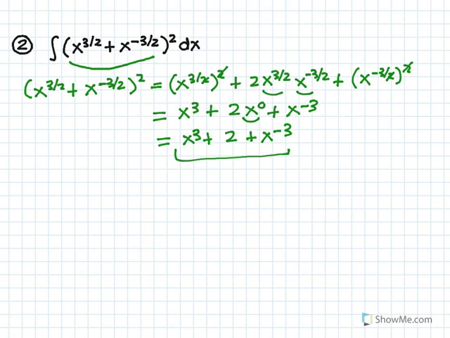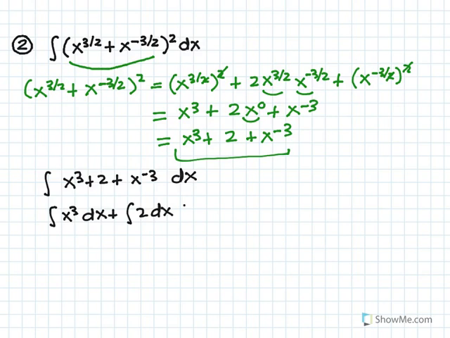So let's integrate that. That's integral x cubed plus 2 plus x to the minus 3 dx. And the integral of a sum is the sum of the integrals. So let's write that out: integral x cubed dx plus integral 2 dx plus integral x to the minus 3 dx.